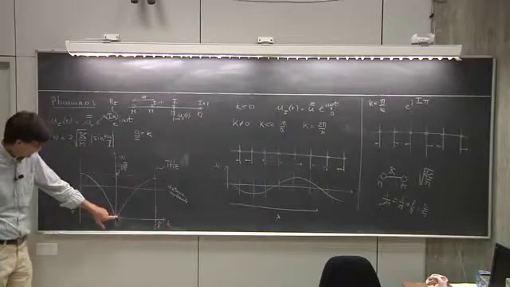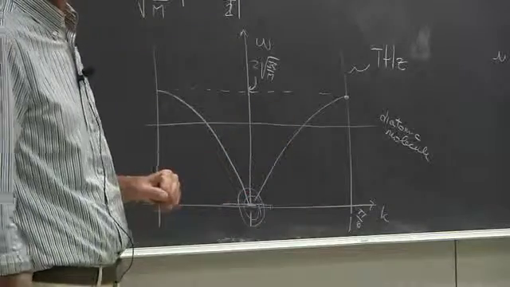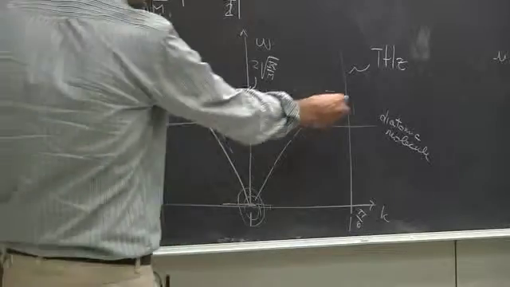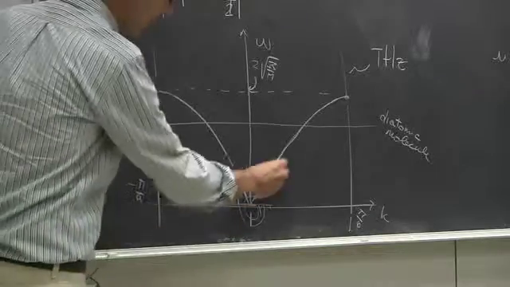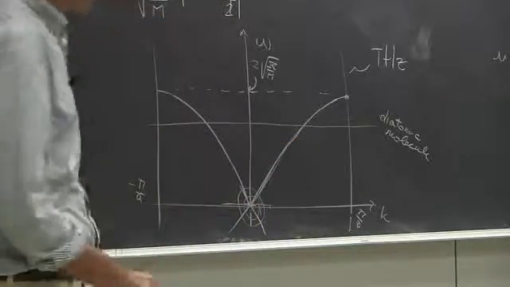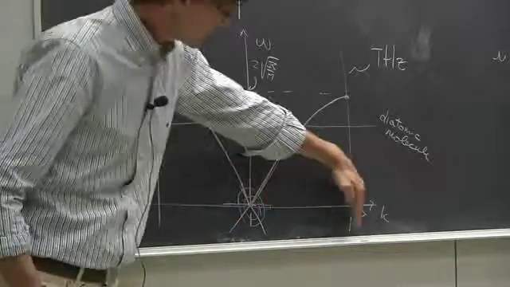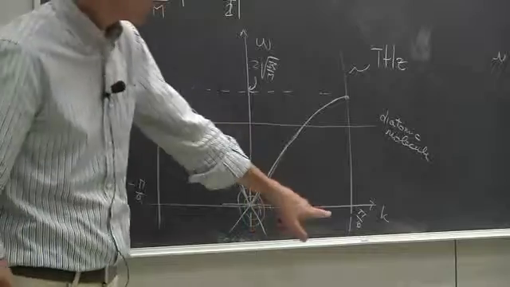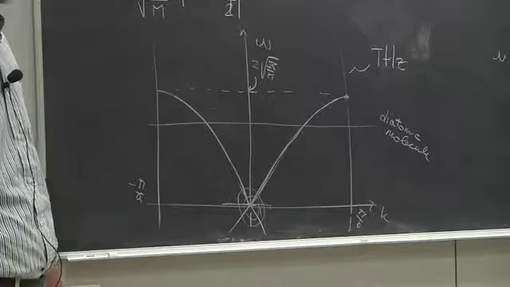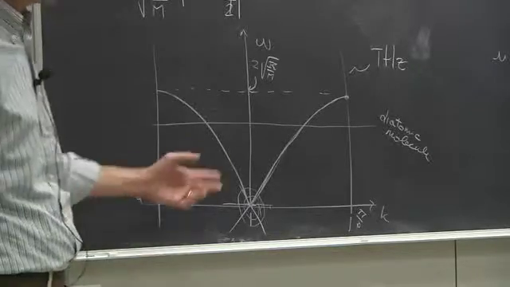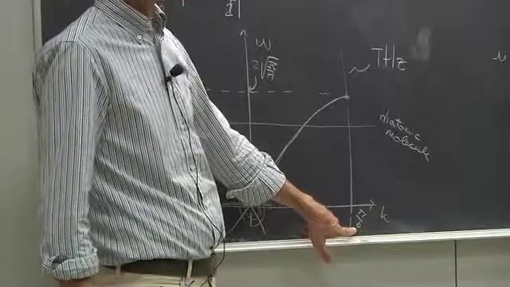In order for it to be an existing vibration, one of the possible vibrations of the system, because only these modes are allowed in a solid. So if this is a linear curve like this, then if I'm 8 orders of magnitude below the top, I must be also 8 orders of magnitude smaller in terms of k than pi over a. So the k of a sound wave must be 8 orders of magnitude smaller than pi over a.